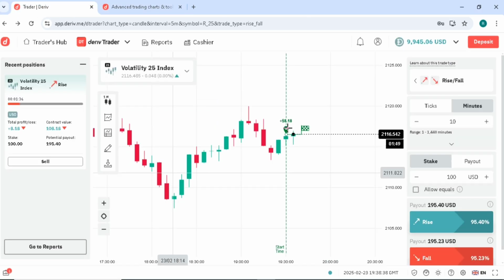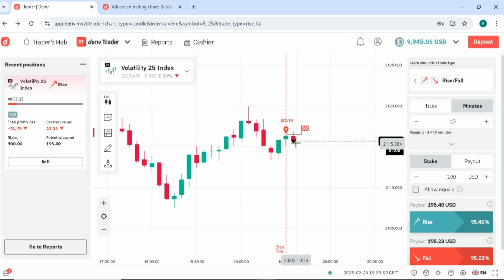So let me just explain something here. If you have good capital and you're using manual trading, you know the logic with manual trading: if for instance this one is 100 USD, although we are using this demo account, when this one grows past our entry point, you realize that you have a good amount here and we can cash out.